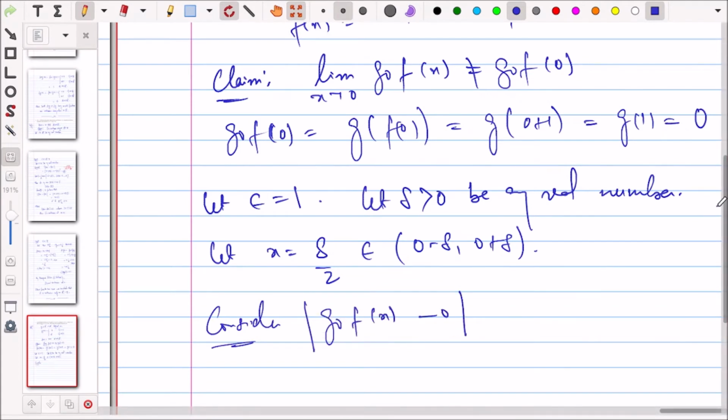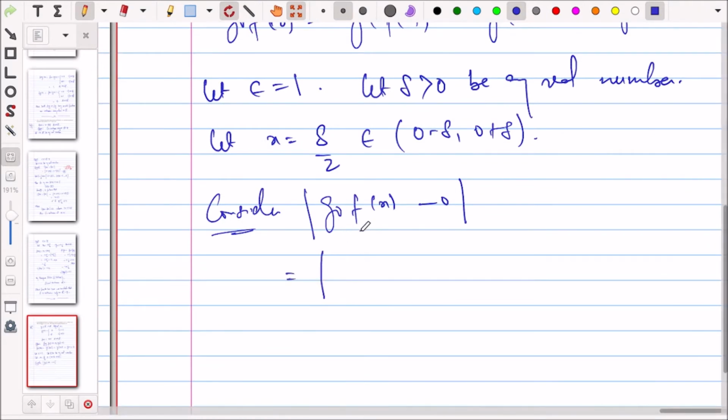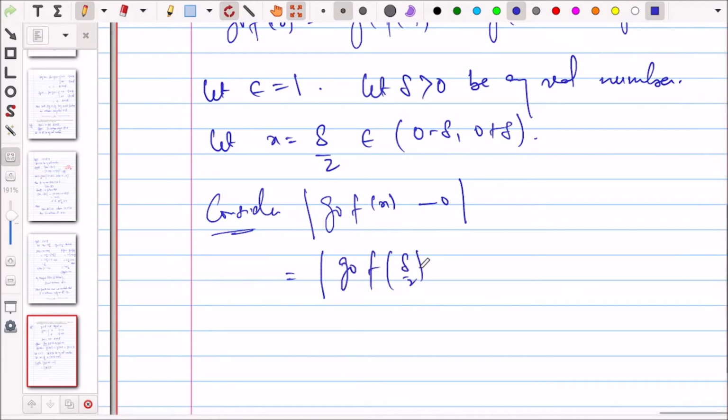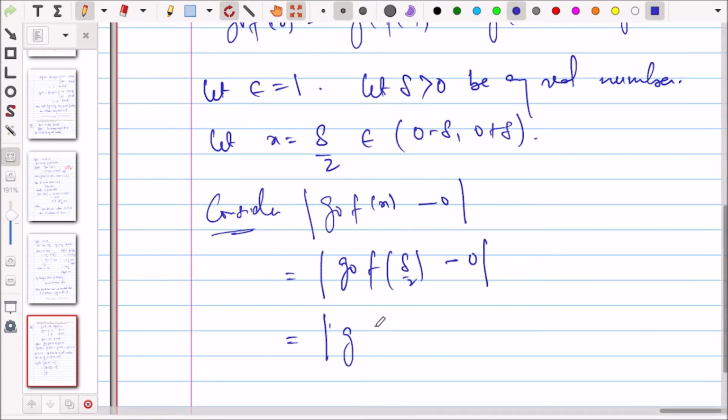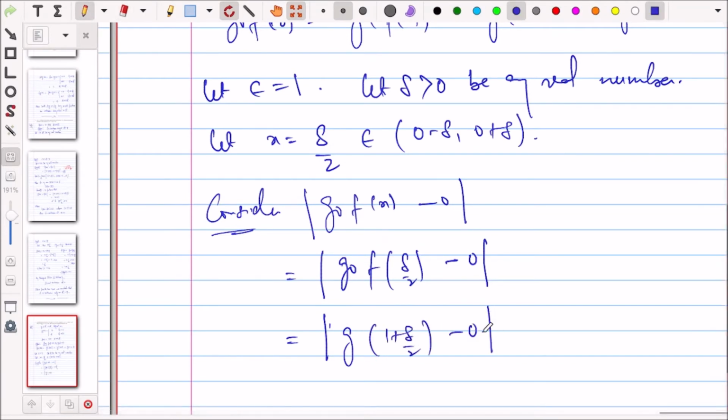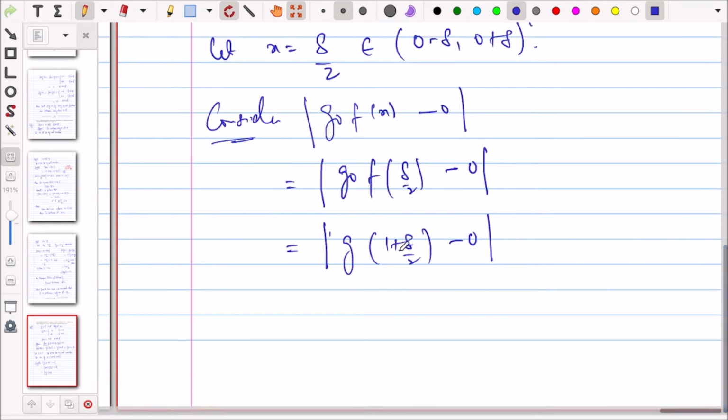So g of f(x) is g of delta by 2 minus 0, which is g of 1 plus delta by 2 minus 0. Now delta by 2 is greater than 0, so 1 plus delta by 2 is distinct from 1, so it will be 2 minus 0, which is equal to 2, which is greater than epsilon equal to 1.